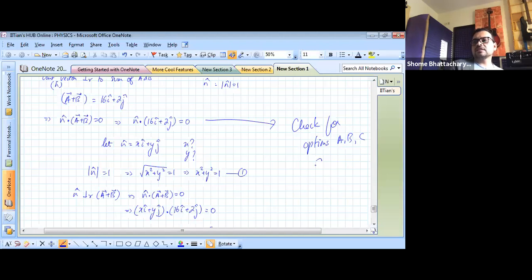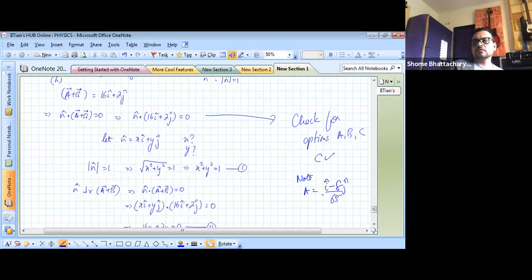Now, the reason for that is that the option A that is given to you, which is i cap minus 8 j cap by 65, this is not a unit vector. So this magnitude is not 1. You can check the magnitude of this.